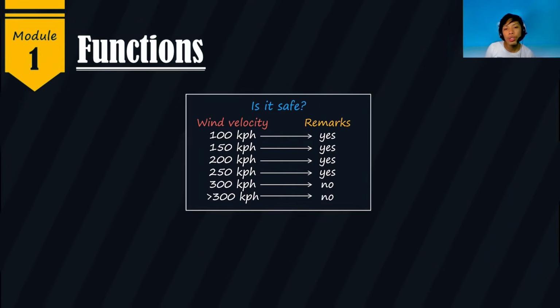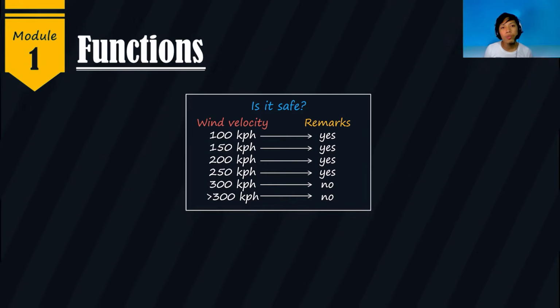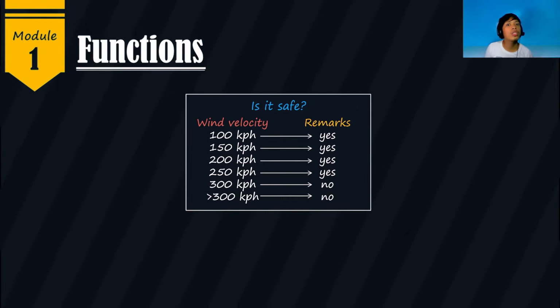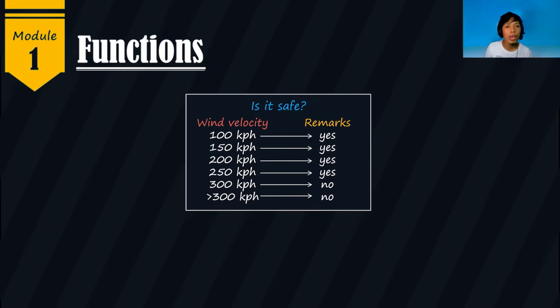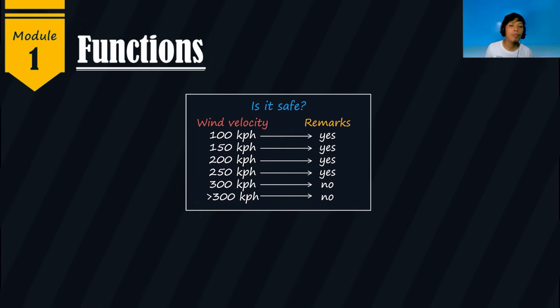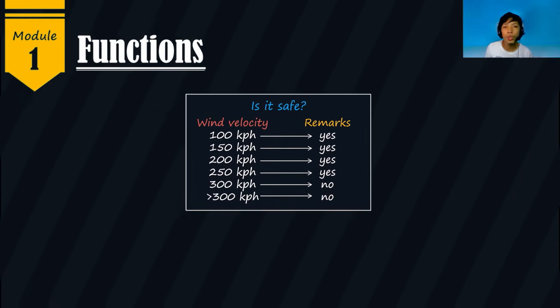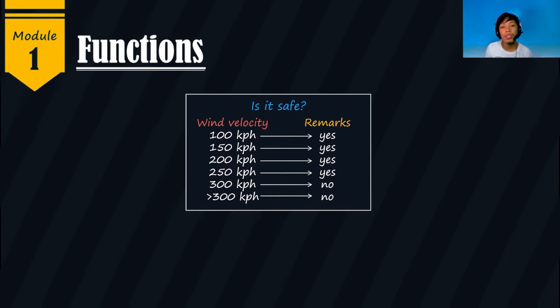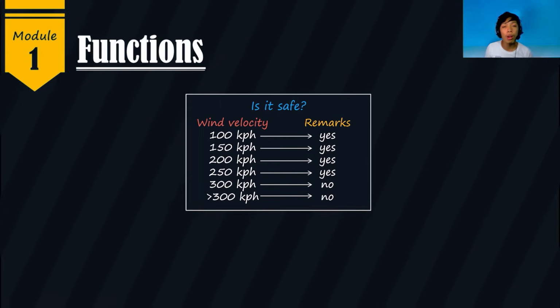Now, for 300 kilometers per hour, it was found out that your building is no longer safe to be used by its end user. And how much more for wind velocity greater than 300 kilometers per hour.